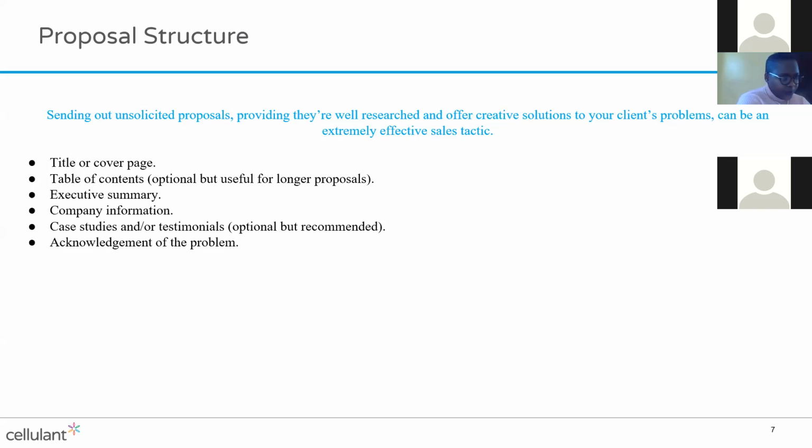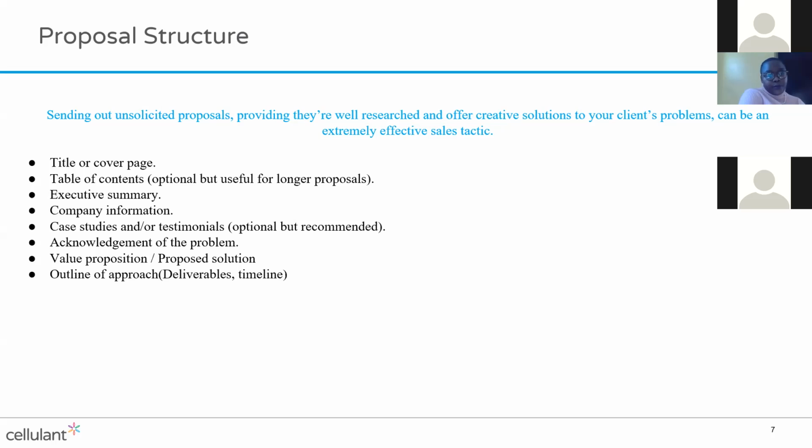It's also very important in a proposal to acknowledge what the problem is that you are about to solve in the first place. And then another important aspect of the proposal for me is the value proposition or the proposed solution. I will also go into more detail on that one as we go along the presentation.